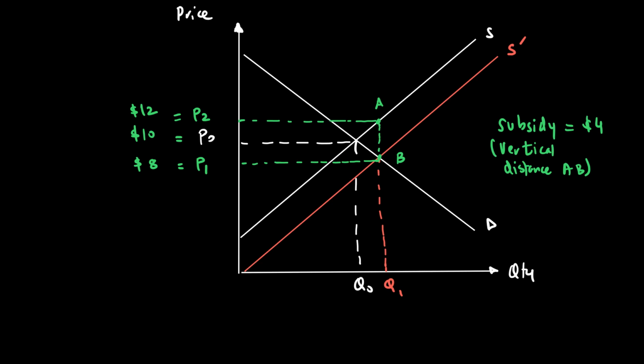So we can now look at what we call consumer and producer surplus and figure out the welfare of these producers and consumers before and after subsidy. Let's try to label all these areas.